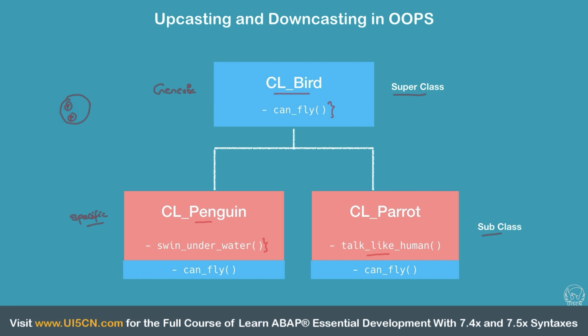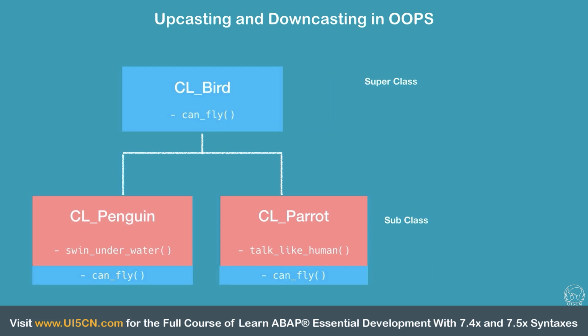So this is the generic, and when I say parrot and penguin, I'm being more specific. In real world examples also, you will see that the superclasses are more generic and the subclasses inheriting from the superclass are more specific.